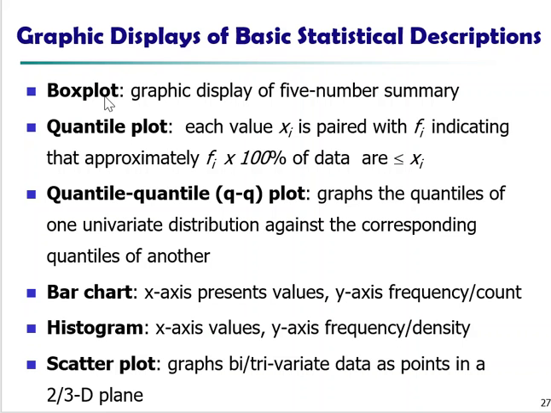It's used very widely. And next, we're going to look at the quantile plot, the quantile-quantile plot, and the bar chart and histogram. We're going to compare the difference between bar charts and histograms. And lastly, we're going to look at the scatter plot.